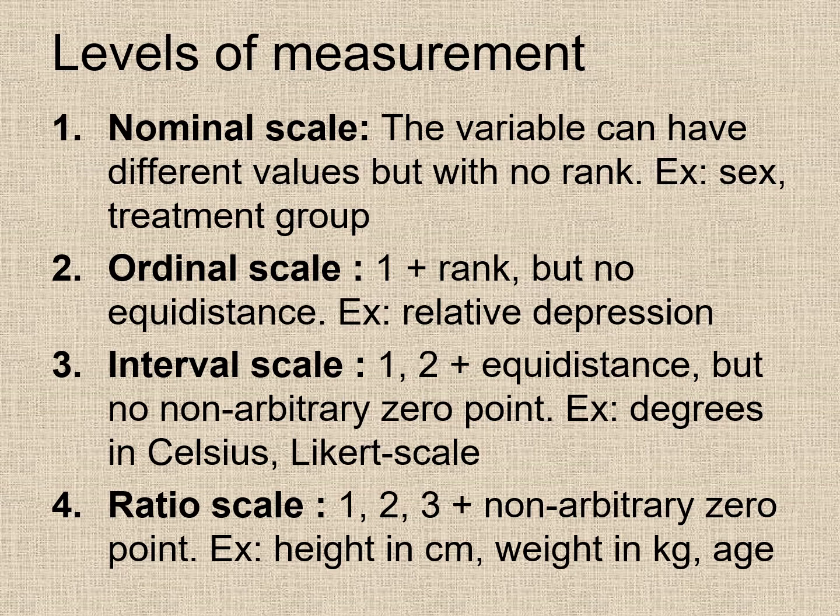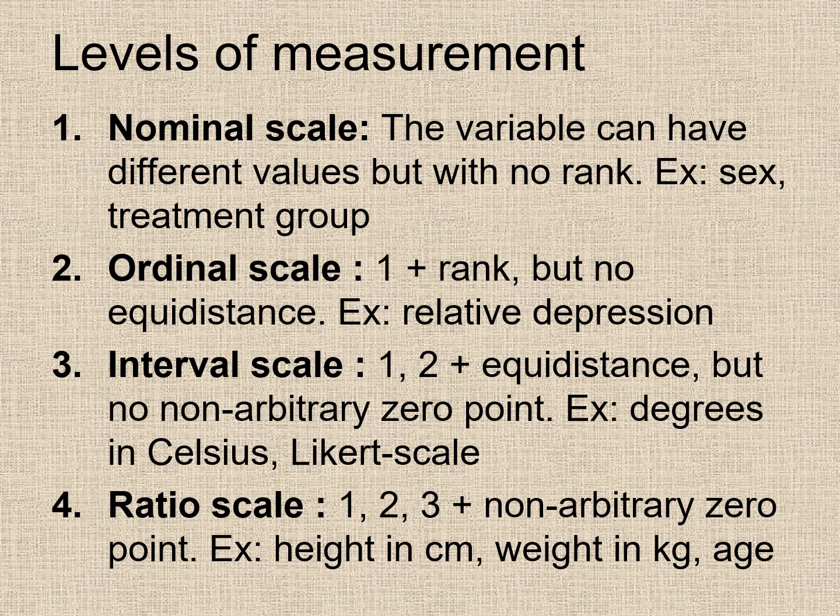Treatment group, you have treatments A, B, and C. People receive different treatments, so it's a variable. It has variation in your sample, but none of them is more treatment than the other one. So it's just differences. Differences in kind, differences in quality.